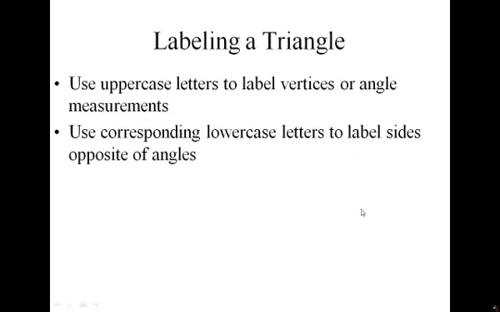So here is a big skill to acquire before we head into trying to evaluate law of sines. Whenever you label a triangle, what you'll want to do is use uppercase letters for the angle measurements and lowercase letters that correspond to the opposite side. So if I drew a triangle like this, then I could label it A, B, C, or whatever.